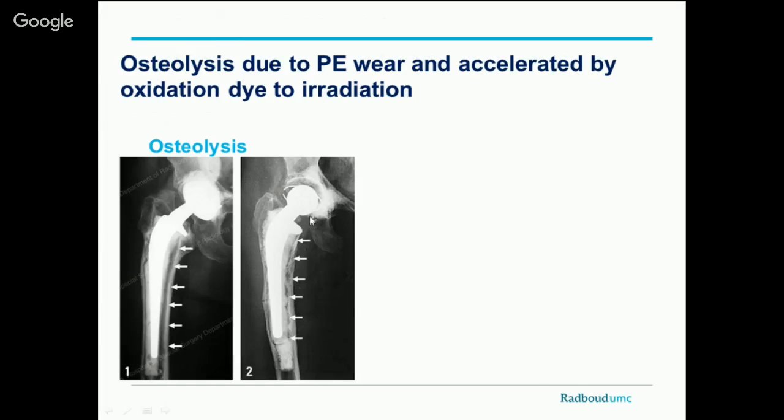You can imagine that if you have particles in the joint space, they can migrate along the interface between the cement and the bone, because there is always some movement and some fluid flow while walking, and the particles go down, and it leads to osteolysis. So they open up that interface, and they move down and down. That could also lead to loosening of the whole femoral components.